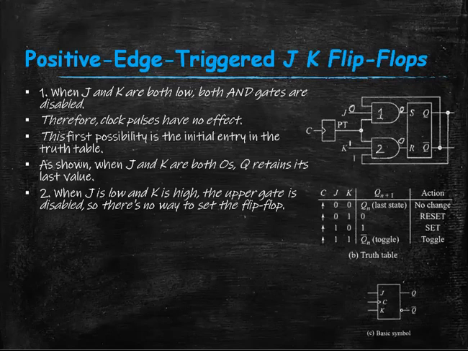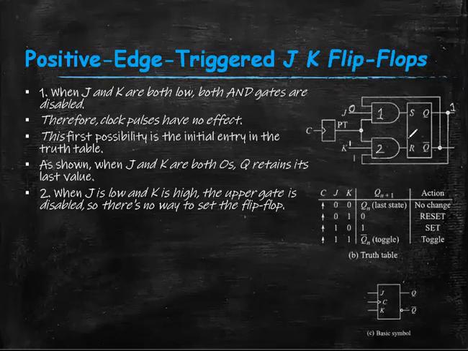Here Q is taken as initially 1, K is equal to 1 and the other input is 1. For the positive pulse equal to 1, the output of the second AND gate must be equal to 1.